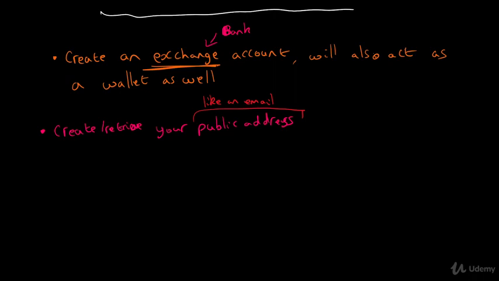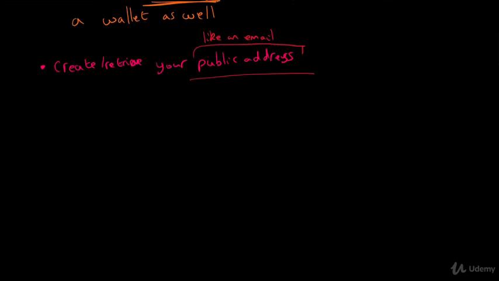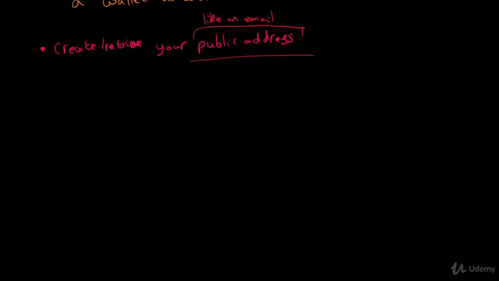Nobody else will have that email address. So it's a unique ID that will facilitate the public transaction. So if I wanted somebody to send me some Bitcoin, I would share my public address with them and they would be able to send something to it. So you want a public address so you can actually use it with other users on the network.